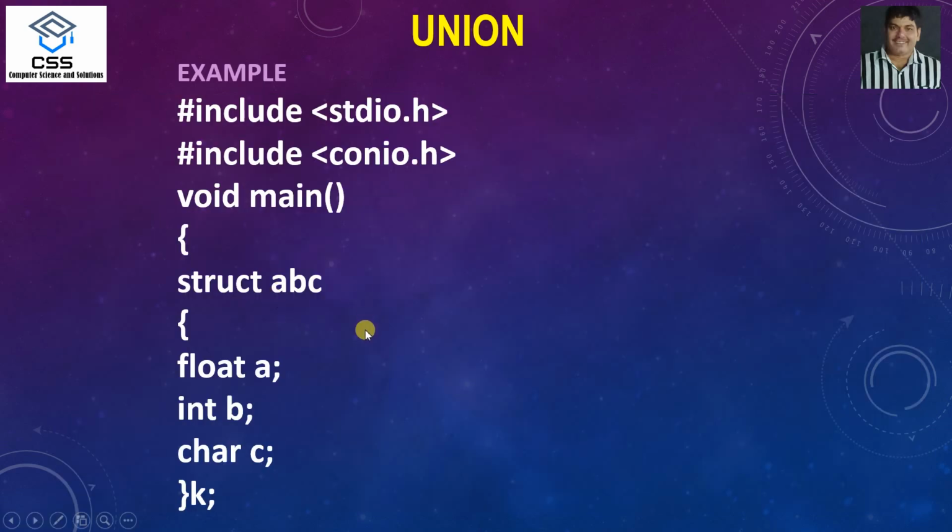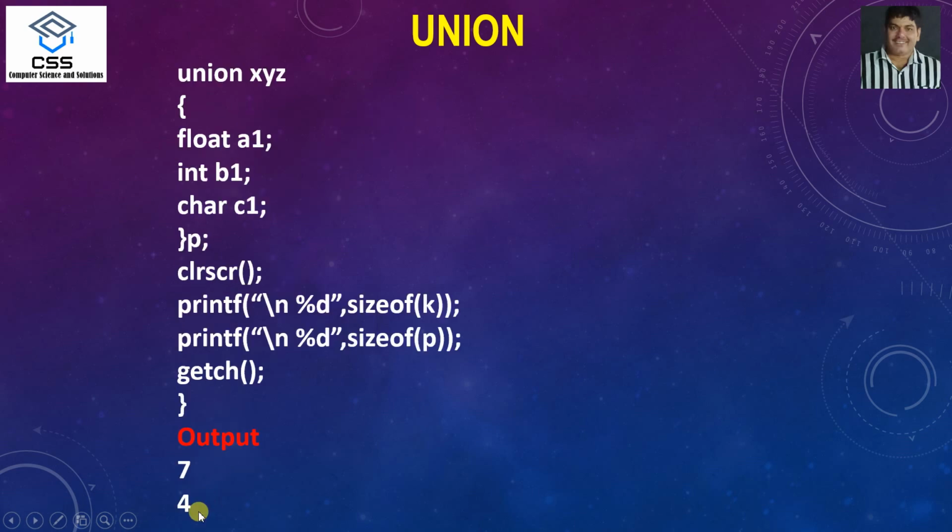Then how we have to represent it in memory with the help of an example. First we take the example of how much space is taken. The similar example we have taken using structure and union. For the structure, we take float, integer, character, and its variable is k. We take the same for union, float element, integer element, character element, and its variable p. If we measure the space, that is the difference between union and structure.